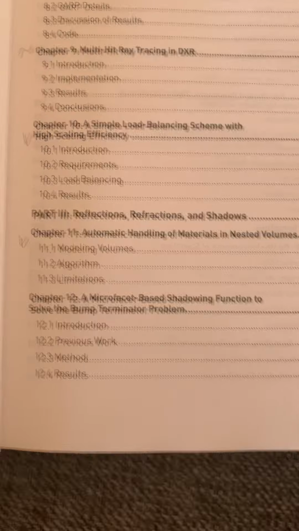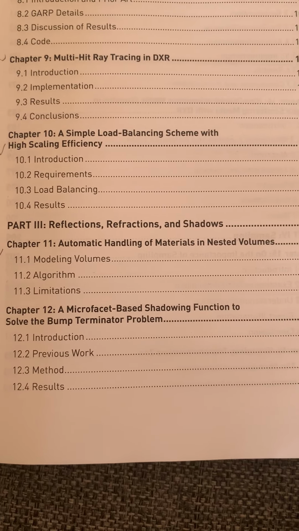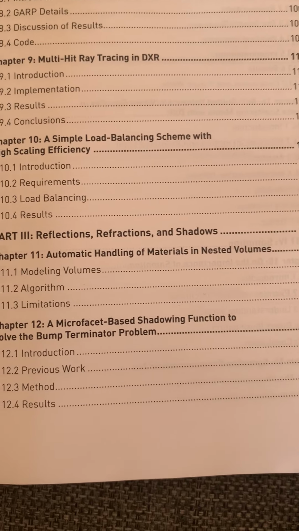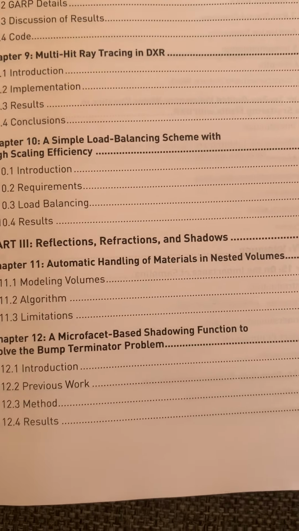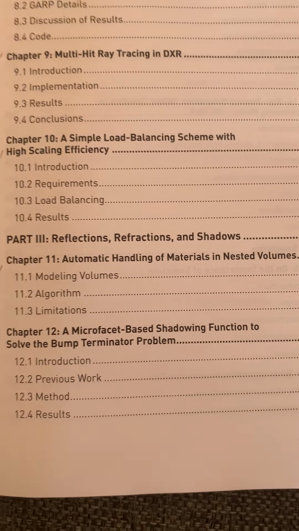And part 3, Automatic Handling of Material in Nested Volumes. It's when you have a glass, and water in the glass, and in the water you have ice, and in the ice you have bubbles, and you have a lot of refractions.